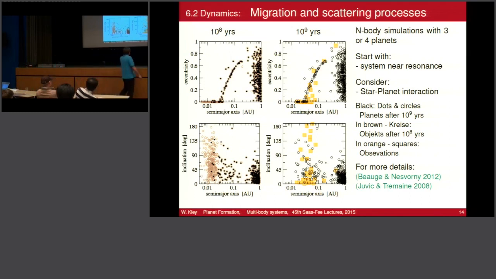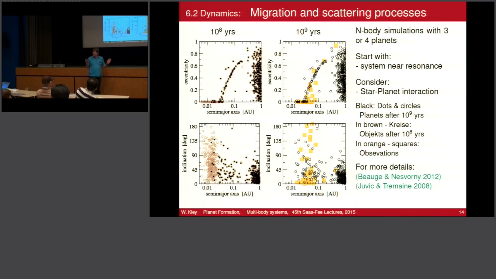I will not explain this plot in detail, but by doing so, you can excite eccentricities for one, and you can excite inclination for two, and they match the observations, which are shown here by these thick squares, rather well. This is the short answer to a long story.